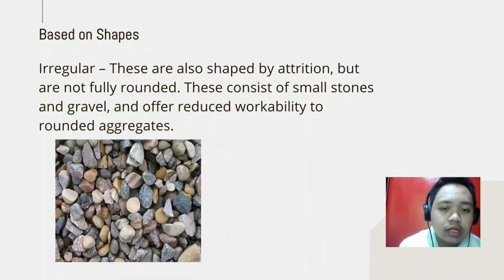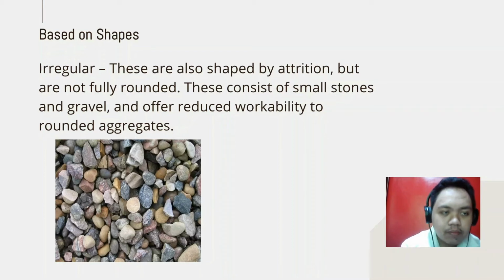So compared sa rounded aggregates, itong mga irregular aggregates na nakikita natin sa images, nakikita natin smooth din sila, and they go through the same weathering, accretion, and erosion as rounded aggregates, but the product is very different, no? So you can see here na iba yung kanilang laki, and these have corners compared to rounded aggregates. So we can have mga pan-design sa walls and etc.